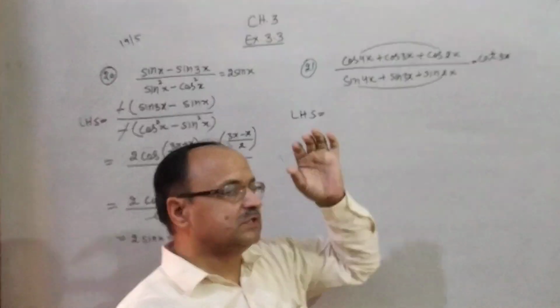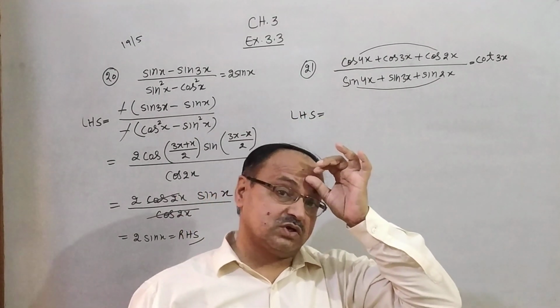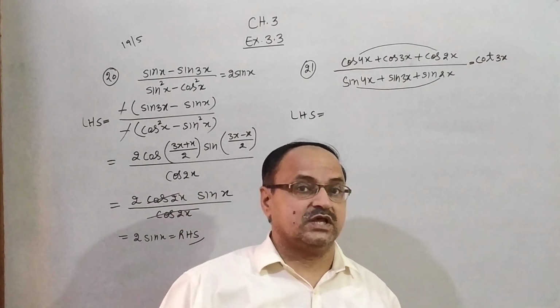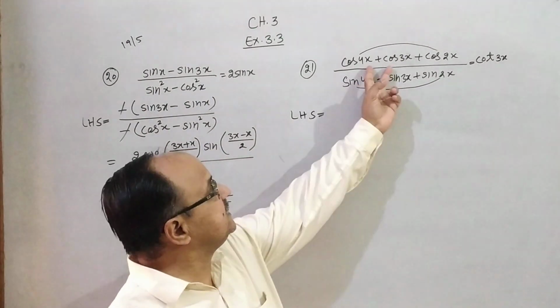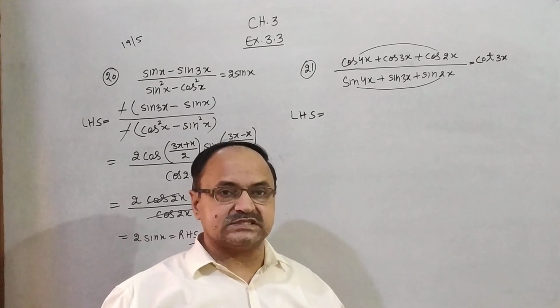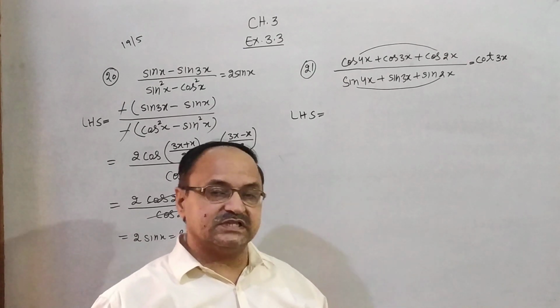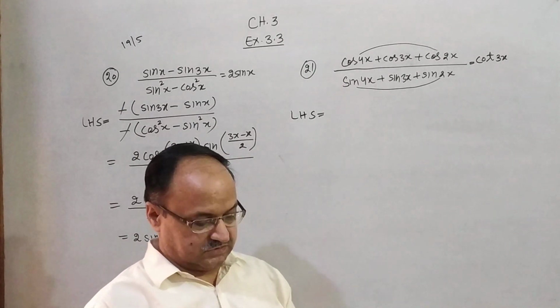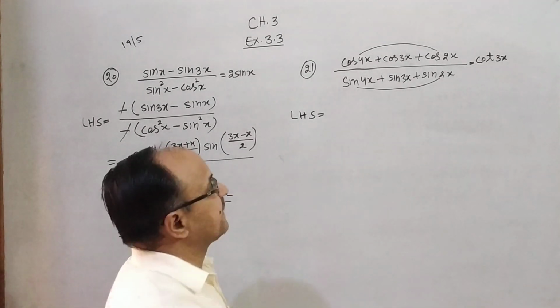After that you can take common cos 3x. If you use the other two terms, then 4x plus 3x, 7x by 2, there is no benefit of this type of combination.